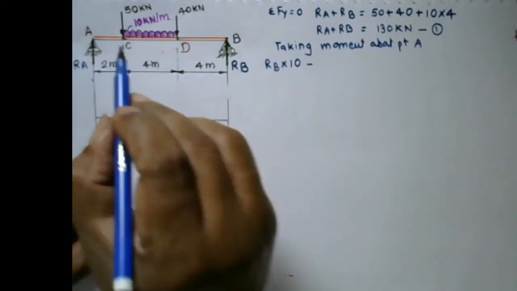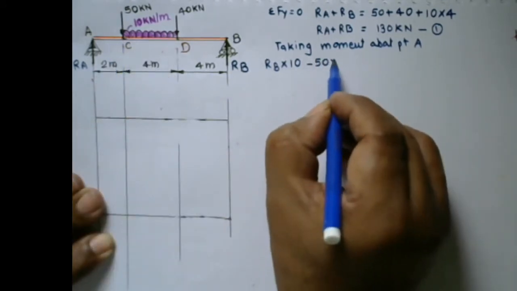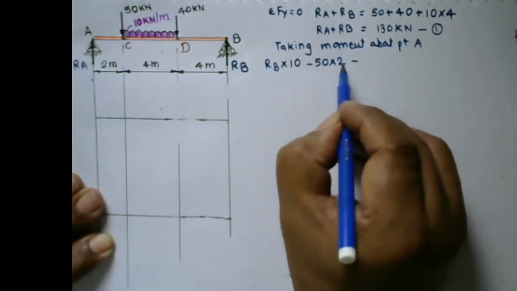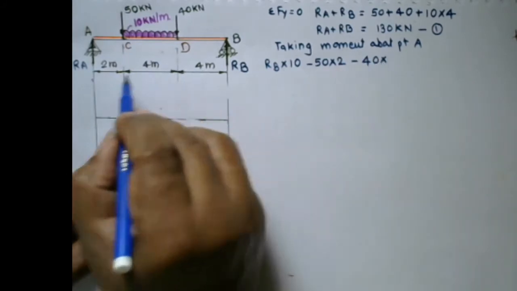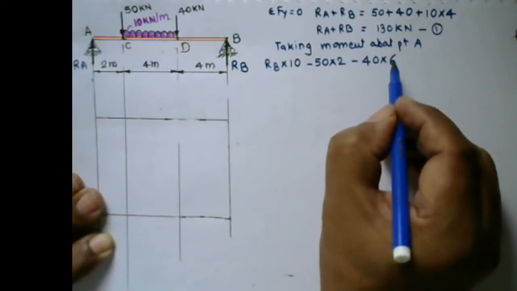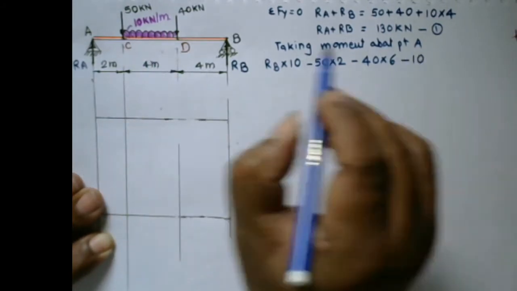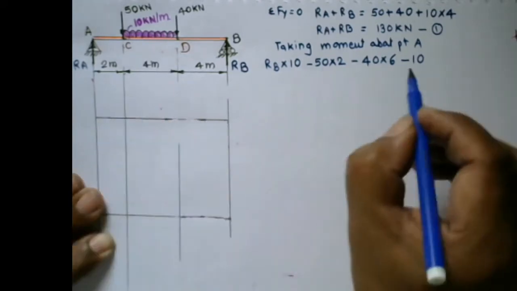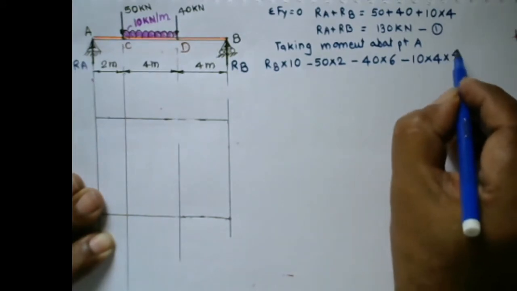First I am considering the first point load, that is 50, acting in the downward side. So I have taken the sign convention minus 50 into 2, another point load 40 into its distance up to point A, which is 6 meter, minus the UDL of 10, which lies over the span of 4 meter, and it acts at the center.